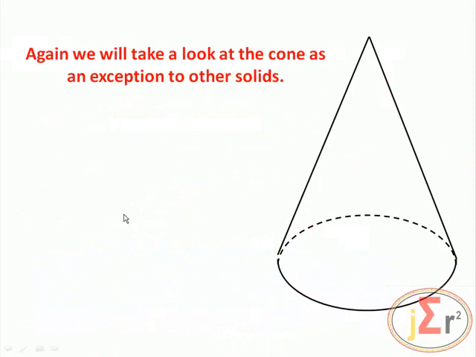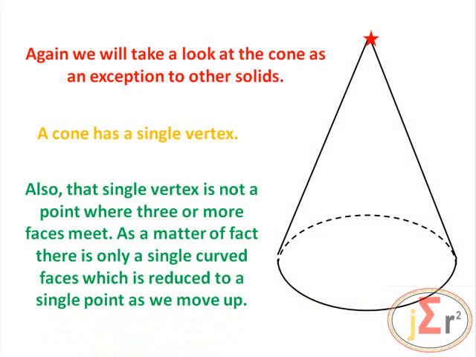Again, we will take a look at the cone as an exception to the other solids. The cone has a single vertex. Just one vertex that cone will have. Also, that single vertex is not a point where three or more faces meet.